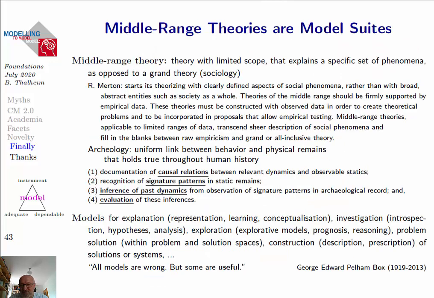Sometimes it is also claimed that middle range theories, especially in social sciences, are a bit different from modeling. A middle range theory is nothing else than a theory with a limited scope that explains a specific set of phenomena, as opposed to the grand theory.